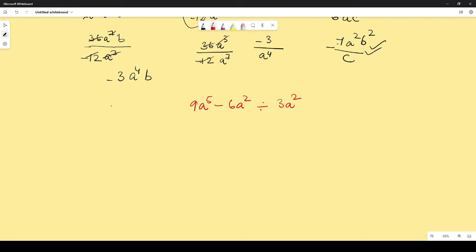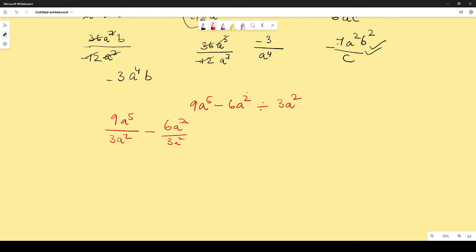So we are doing 9a to the power 5 by 3a square minus 6a square by 3a square.